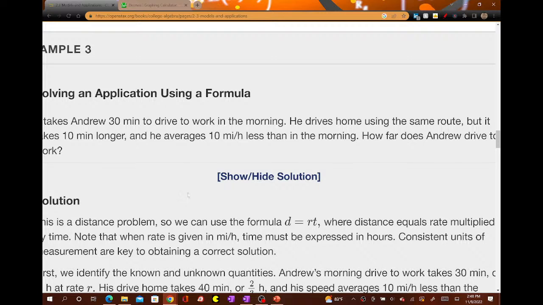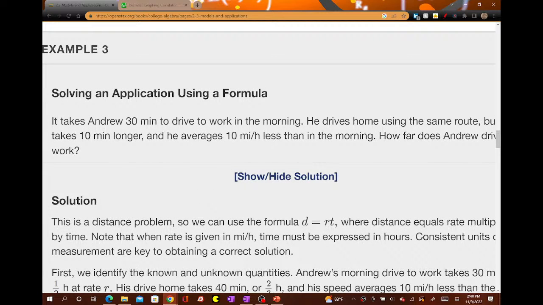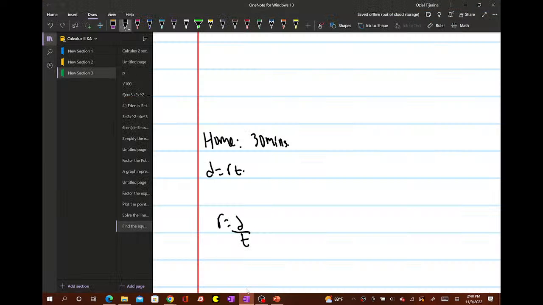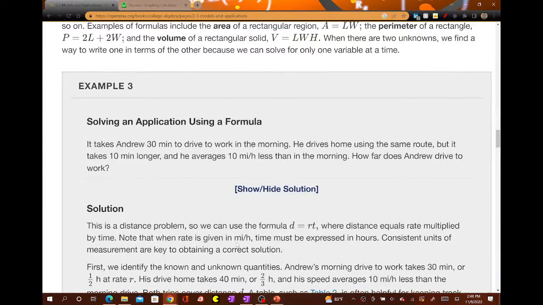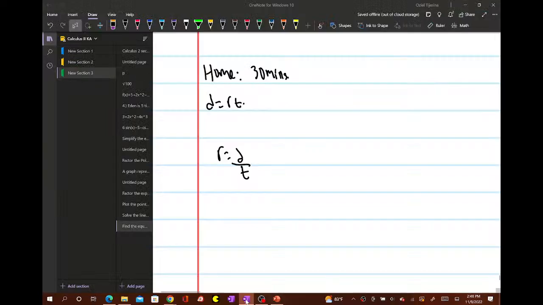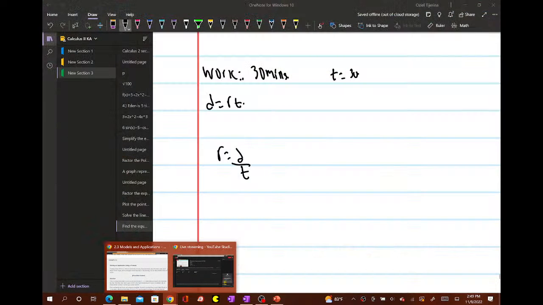He drives home using the same route, but it takes him 10 minutes longer. Actually, to work, it takes him 30 minutes. My bad. It's supposed to be work. It takes him 30 minutes to drive to work in the morning. So that's what T is. T is 30, but that's half an hour.